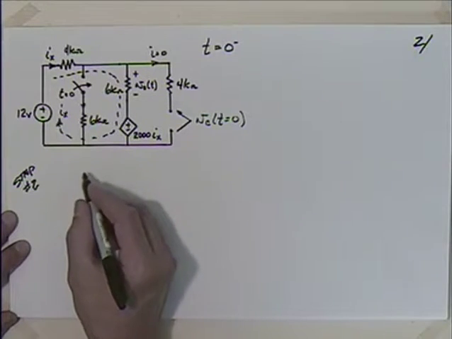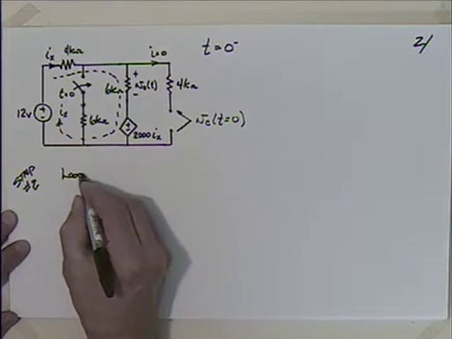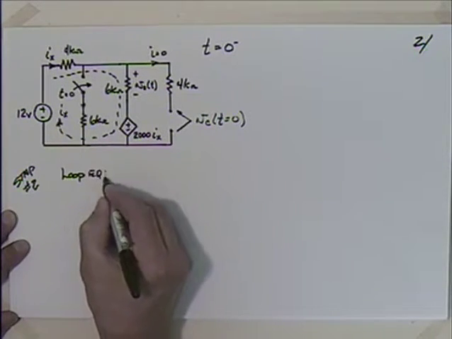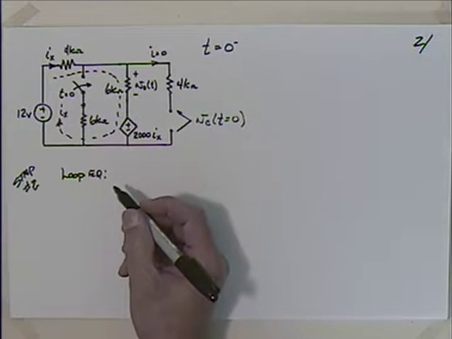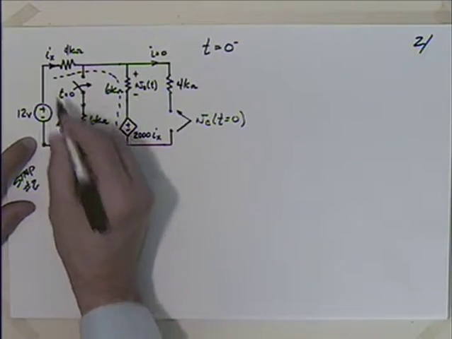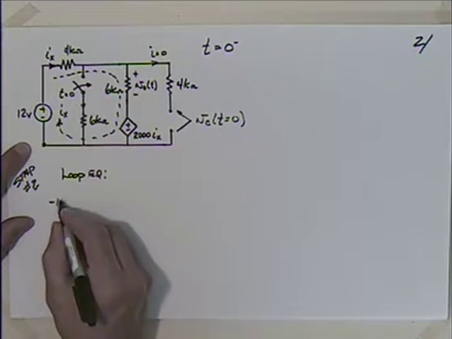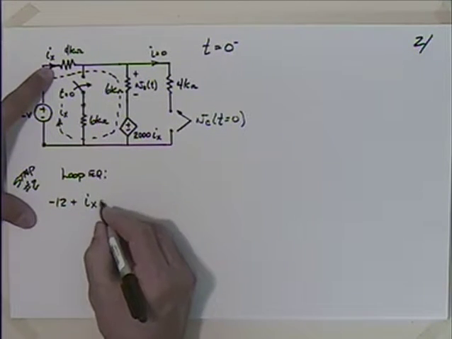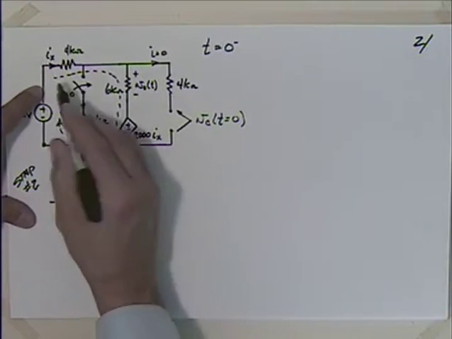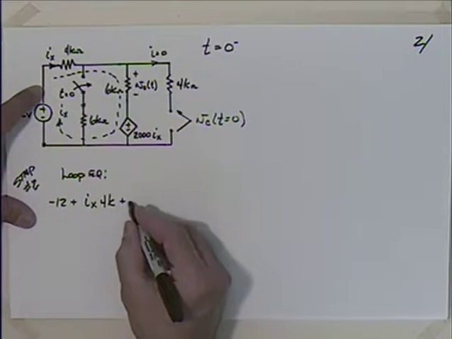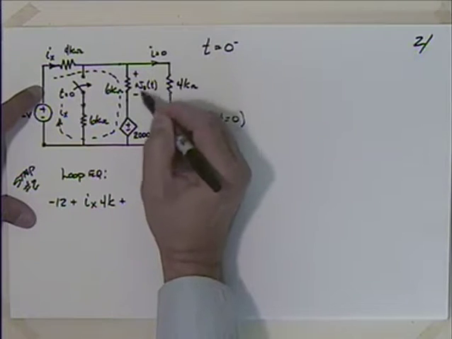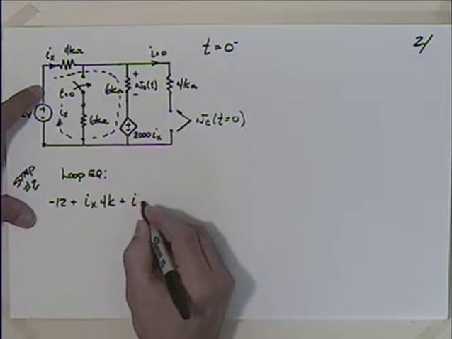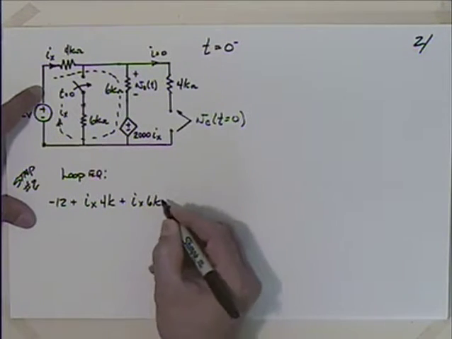So looking at the loop equation, what are we going to have then? If I start right here, I've got a gain of 12, so I'm going to say minus 12 plus Ix times 4k, then plus Ix, because there's no current in here so it's still just Ix, times 6k.